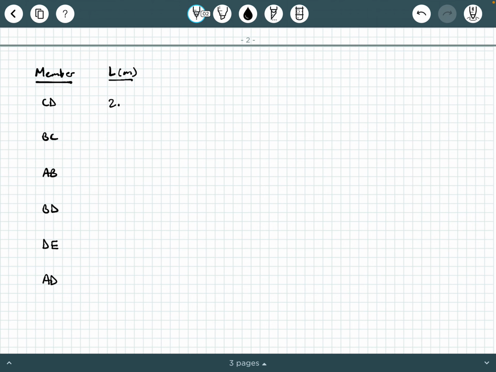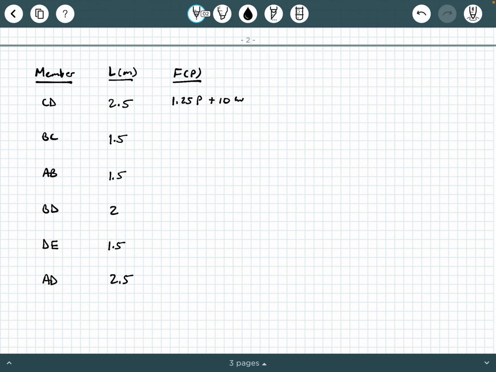The diagonal members are 2.5 meters long. We got a couple of these guys that are 1.5 meters long. We got one that's 2 meters long, another 1.5 meters, and then 2.5 meters there. And then I'm going to make a column F as a function of P. These are these force functions. So I'm going to be very nice and organized and write all these down.